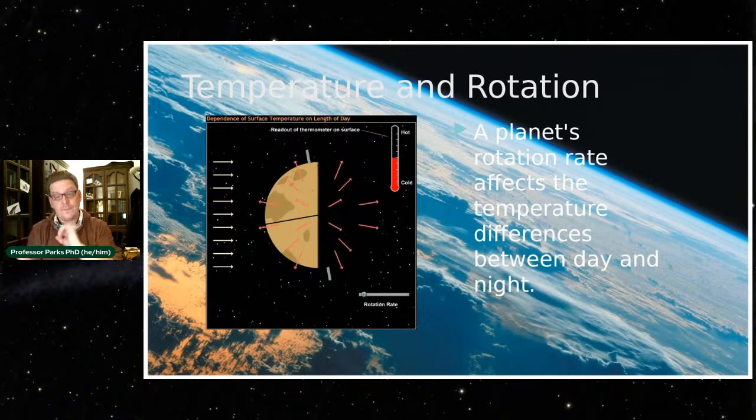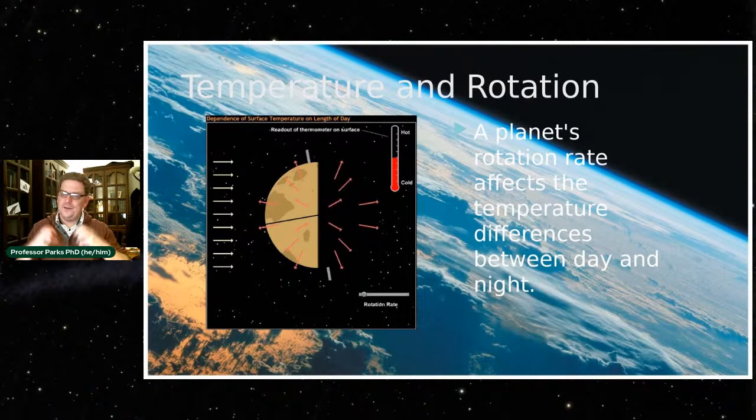If you have a comparatively rapidly rotating planet, then you're going to have energy transfer. There's going to be stronger air circulation, so the energy that gets deposited on the day side will be more efficiently transported to the backside. And so the temperature differential for that world, from day to night, is going to be less.